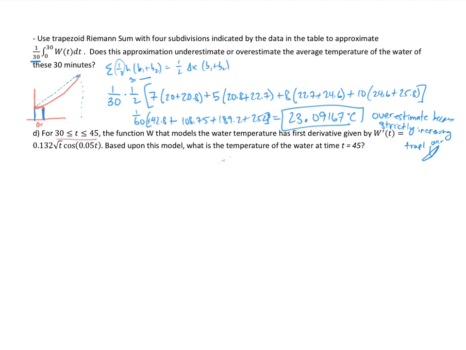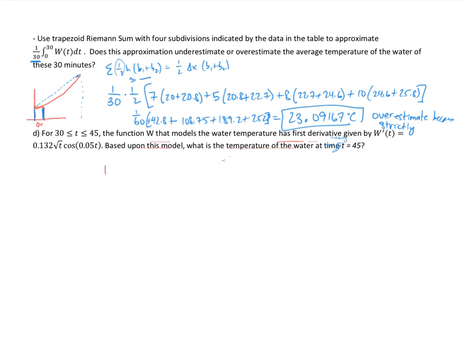All right, for the last part, on 30 to 45, the function W that models the water temperature has its derivative given by this. So it's important to know that the derivative is given by that. Based on this, what is the temperature of the water at time t equals 45?